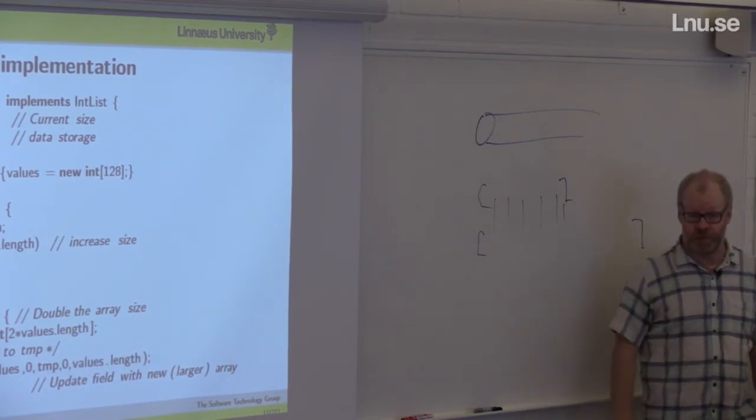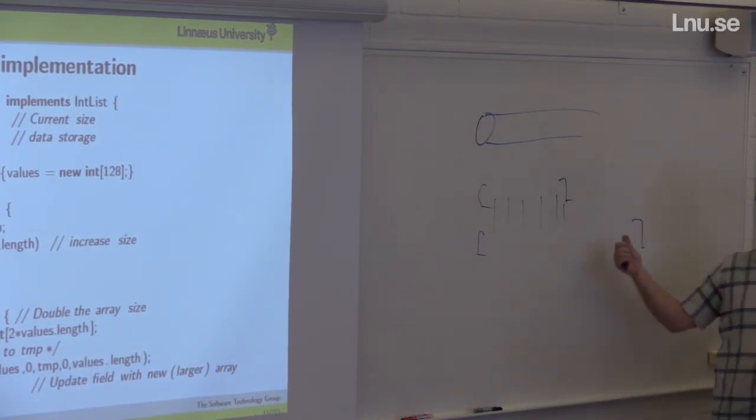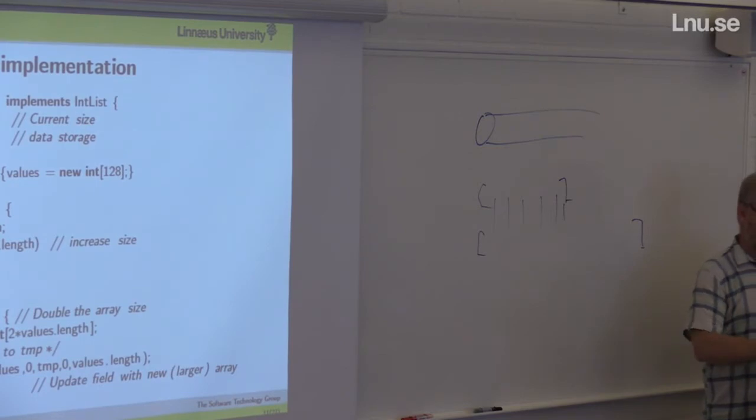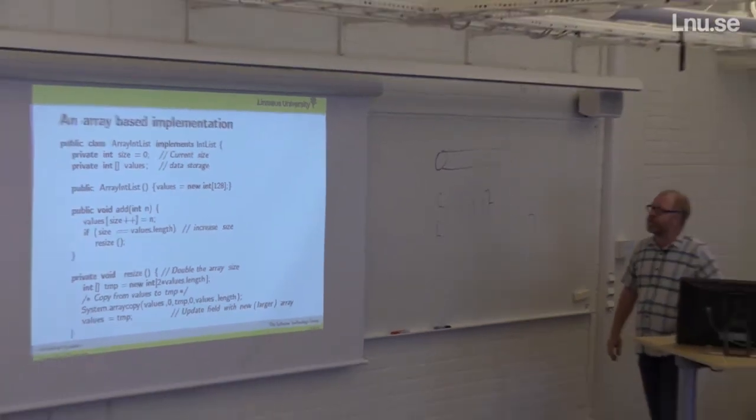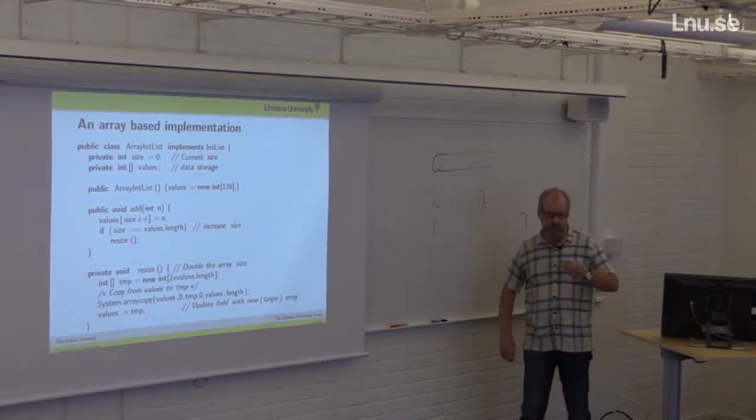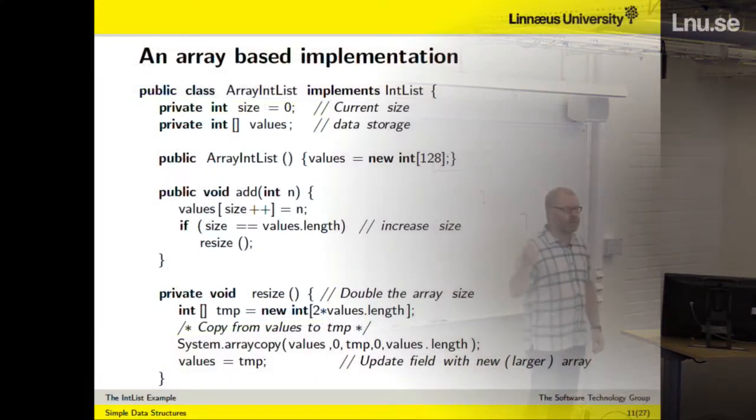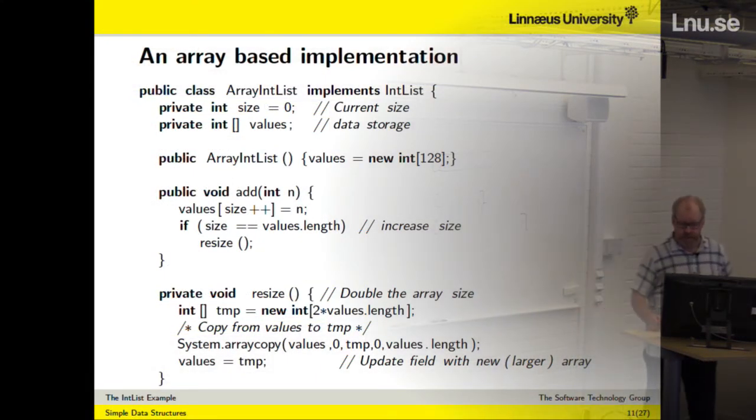It will be slow. Now we only have to do it at certain intervals, and these intervals actually get fewer and fewer since we are doubling it all the time. So this is the basic idea about array-based implementation, not only of lists, but also of queues and stacks. They are all using the same approach. They have an array that they are storing the values in, but when needed, they make a larger version of this array and copy all the elements.